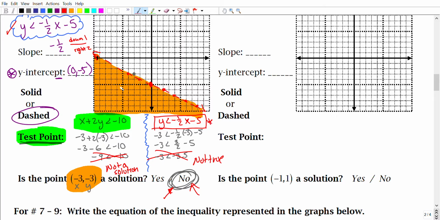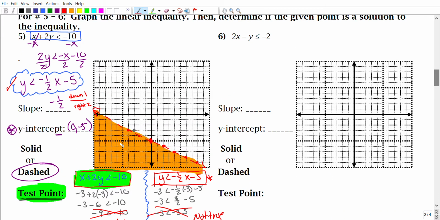If you did make an error, then regardless of whether you tested correctly, it might give you a wrong answer. That's why if you always stick to using the original inequality, then you should always get the correct answer. Okay? All right. Again, I know I extend those types of problems a little bit, guys, but I want to make sure you understand and have multiple ways of doing these problems.